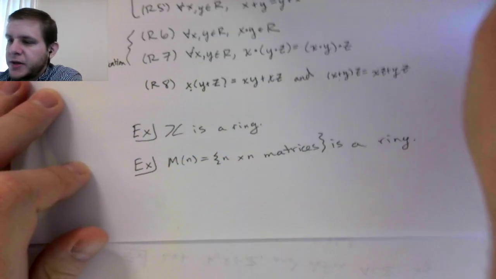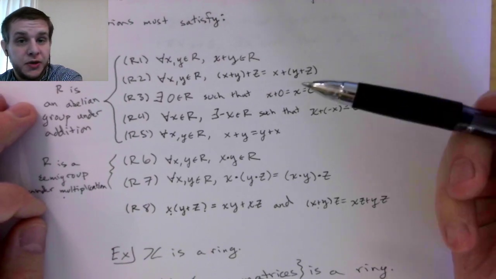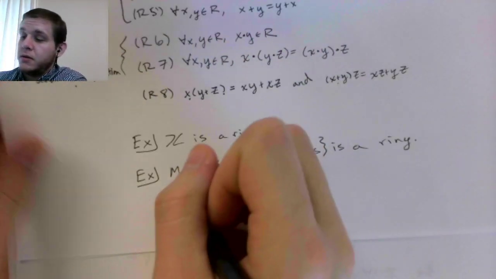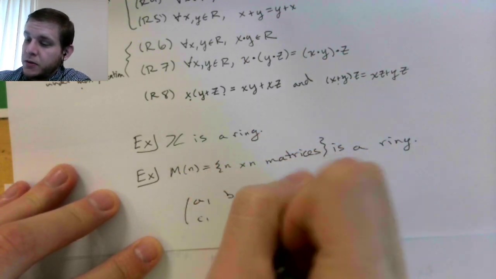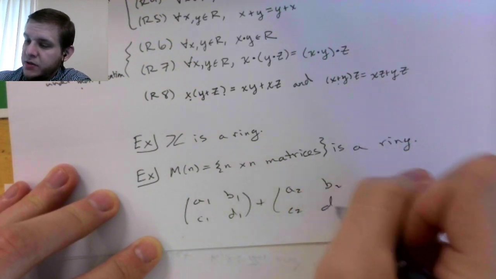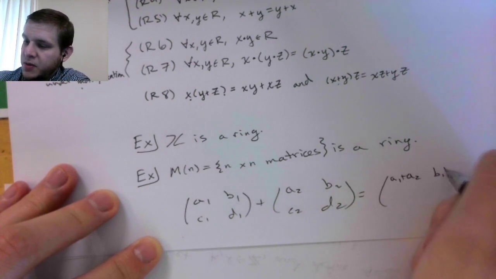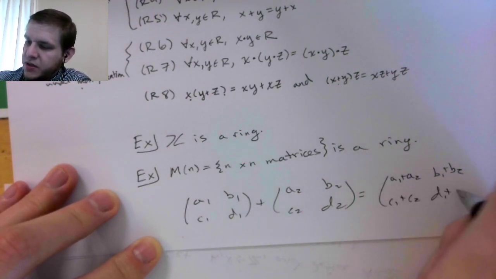So why is this one a ring? Well, I know how to add matrices, right? I just do it coordinate-wise. So A1, B1, C1, D1 plus A2, B2, C2, D2 is A1 plus A2, B1 plus B2, C1 plus C2, and D1 plus D2.